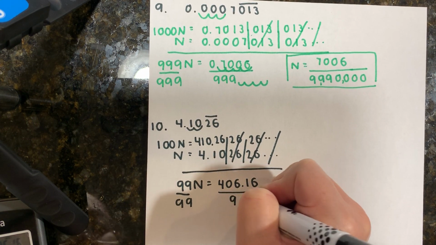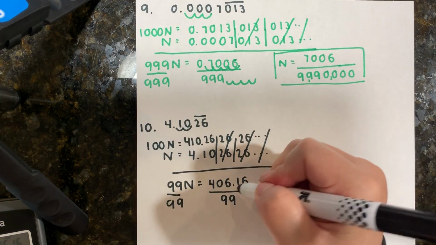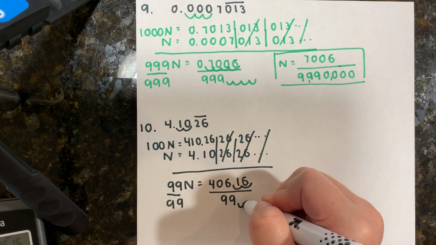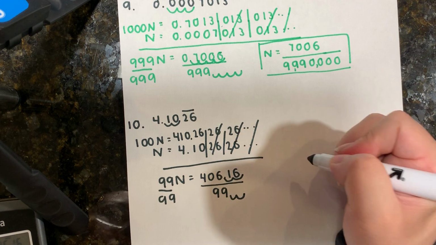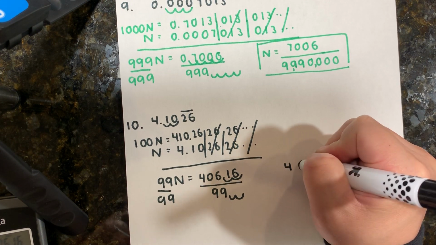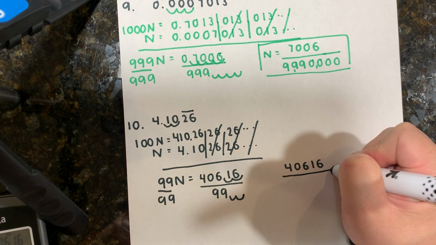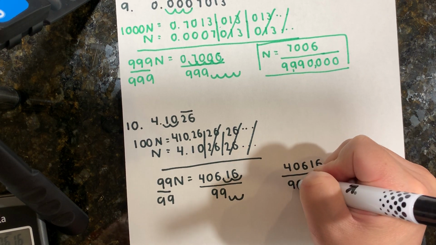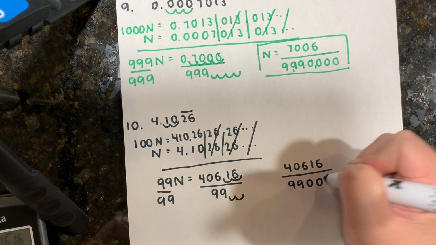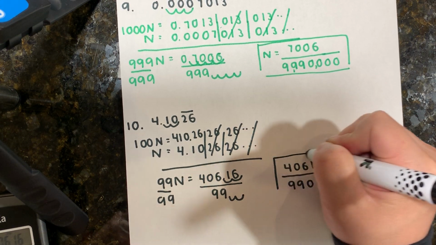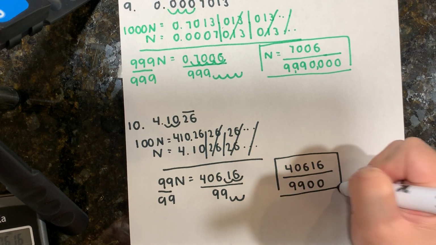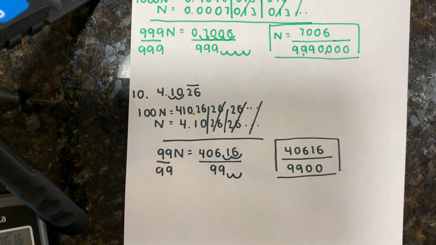Just like on the last one, I don't want it to be a decimal number, so I need to move the decimal point over 2 spaces on top and bottom. So my fraction would be 40616 over 9,900. And that would be your result for number 10.